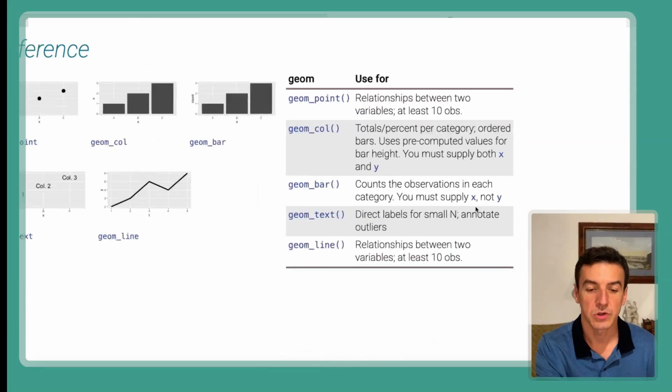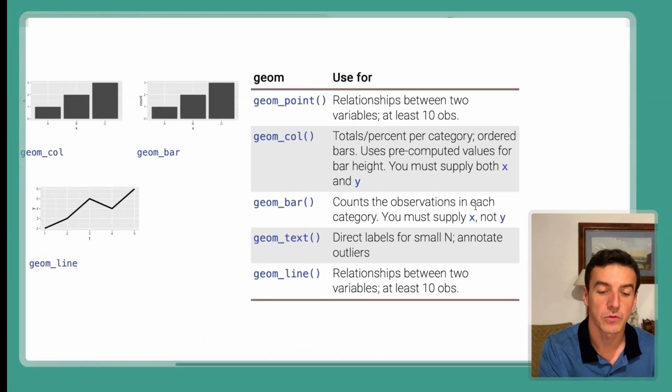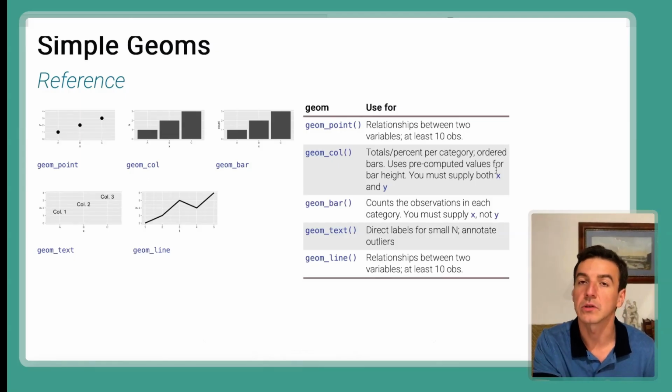Once again, geom_point really is about showing relationships between two variables. geom_col is about showing things like totals or percent per category, and these are ordered bars.